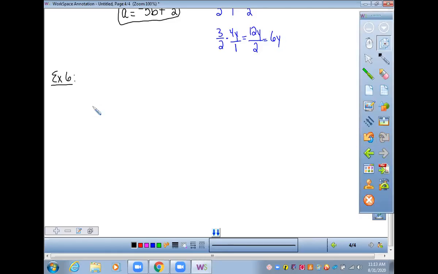Let's make it 9m minus 3n equals 27, and we're going to say solve for n.